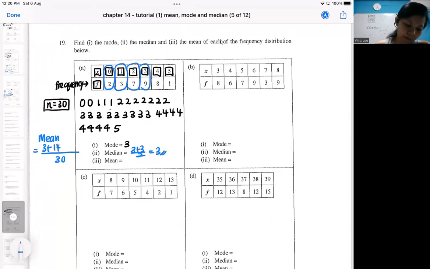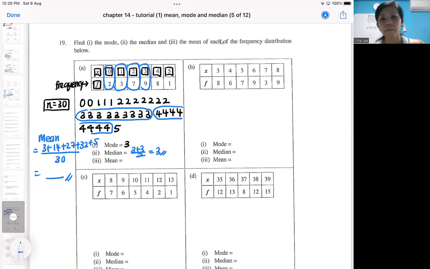Okay, keep multiplying because I can do it in groups. So all these I can do in groups. 8 times 4. And then you get the mean. So if they already group it for you, you don't have to add 1 by 1. It's easier if you multiply. When you multiply, you get the total. So these are the various mean, mode, median that you are expected to know.